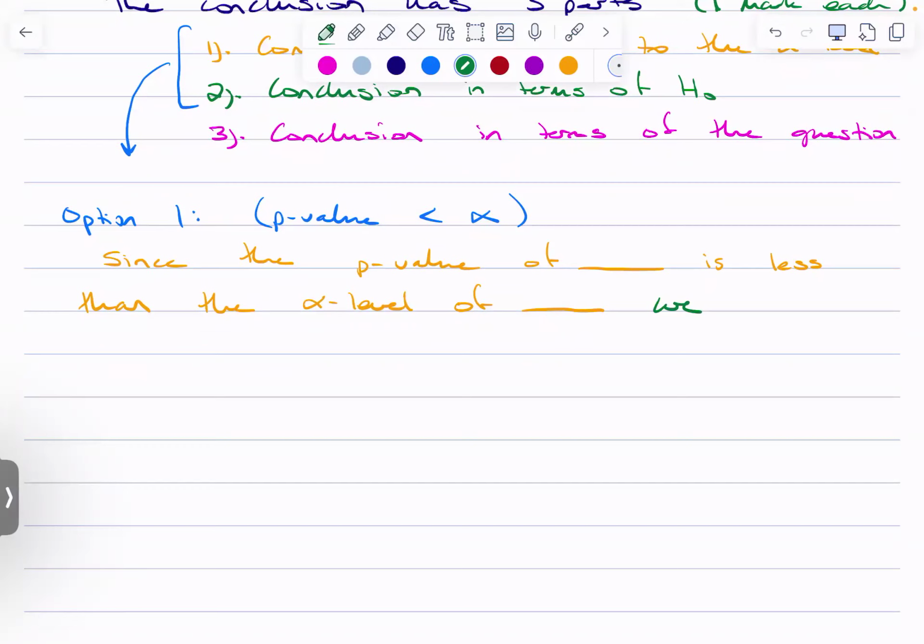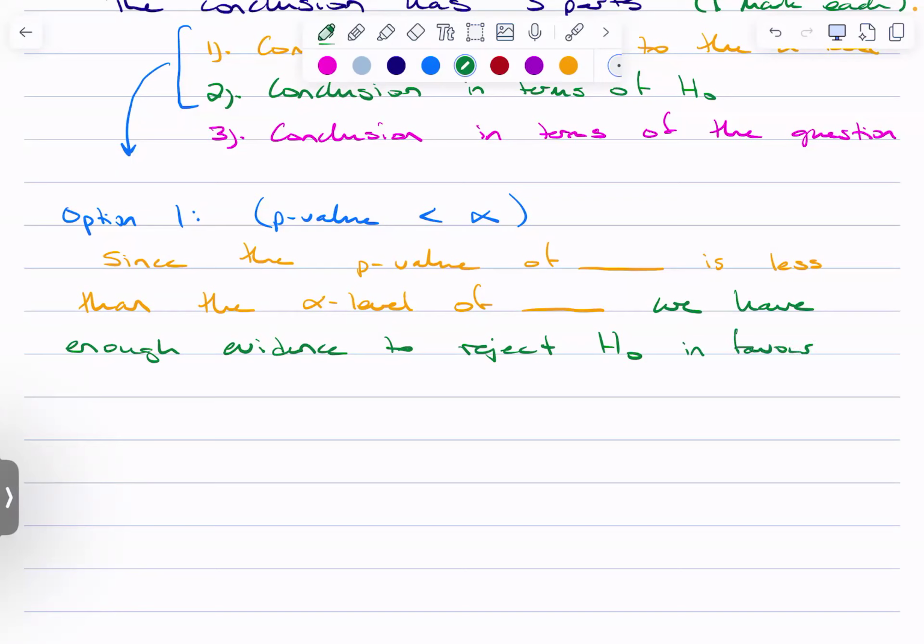Since the p-value is less than the alpha level of blank, we have enough evidence to reject H naught. And if I'm rejecting H naught, you can say in favor of HA. You don't have to.